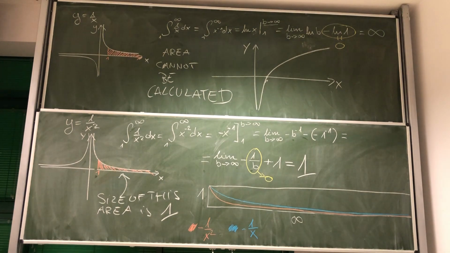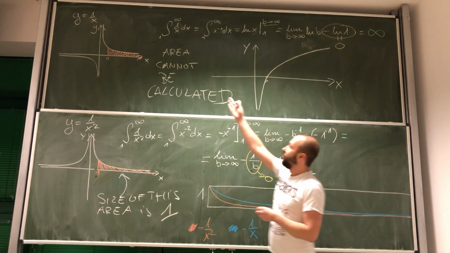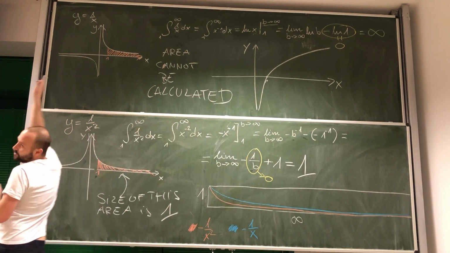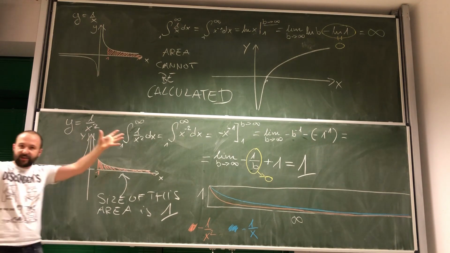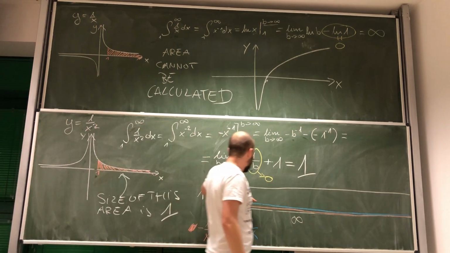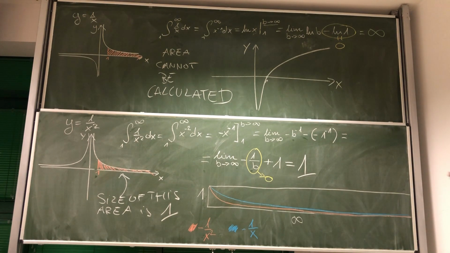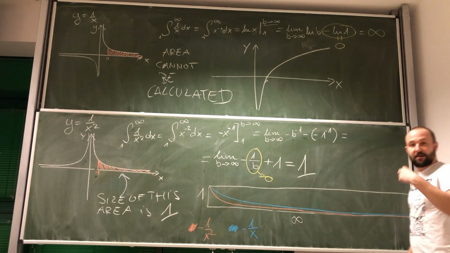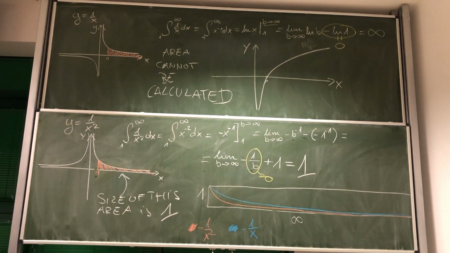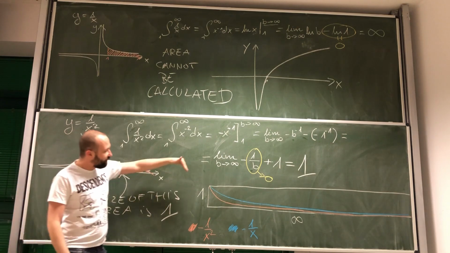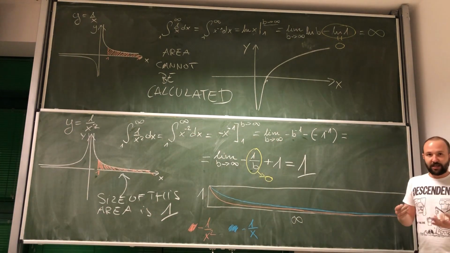This is why in cases of some functions like 1 over x, we cannot calculate the area because it's too big. So it's infinitely big because the fall in height is not compensating for the increase in length. However, in other functions, like in case of function 1 over x squared, the opposite is true. The fall in height is faster than increase in length.